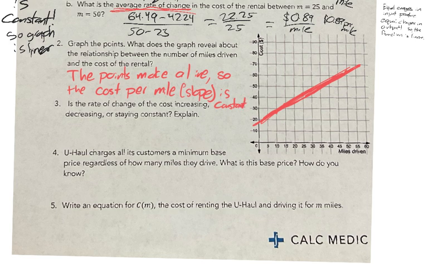The points make a line, so the cost per mile, or the slope, is constant. So again, if I have a constant slope, that's the same thing as saying I have a constant rate of change. Means the same thing.